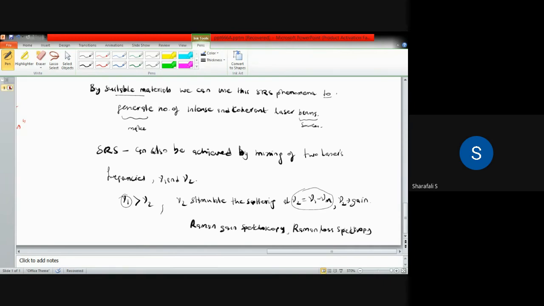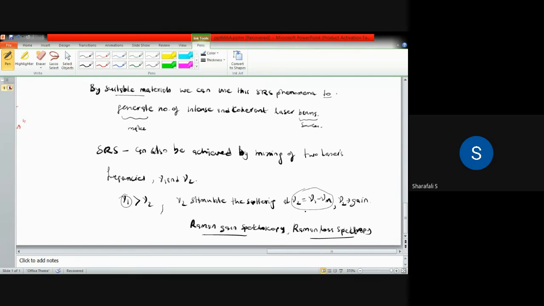You are measuring that loss, or you are measuring that gain of mu2. Depending on that, you will be having Raman gain spectroscopy or Raman loss spectroscopy. So with respect to this, we'll be having Raman gain and Raman loss spectroscopy. Okay, so this is also possible.